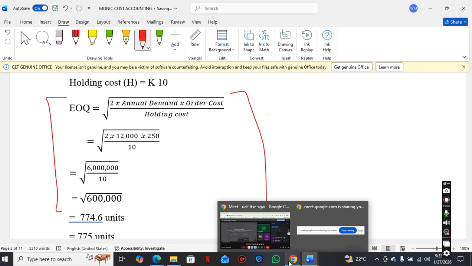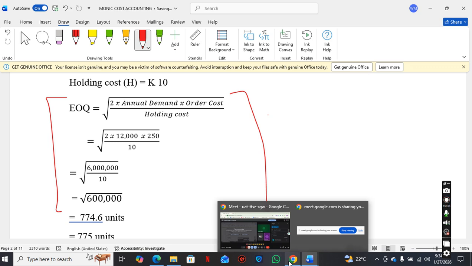Even just the actual cost of the products you order. That's purchase costs. Order cost is just focusing on the expenses that are incurred when transporting the goods and placing an order for the goods.